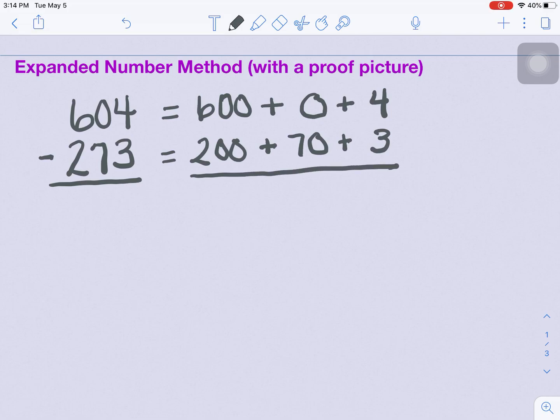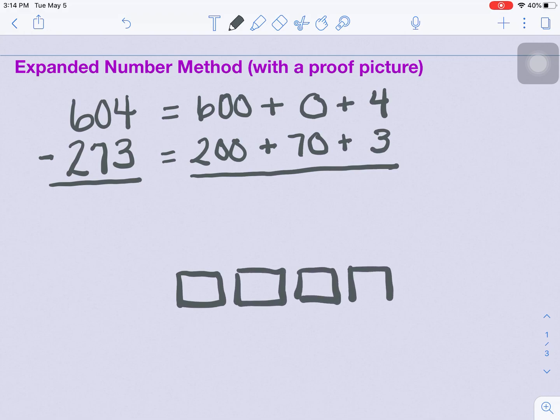First we want to ask ourselves, do we need to ungroup to get 10 ones? I'm going to make that proof picture because that always helps me as well. I have my 600 and my 4.